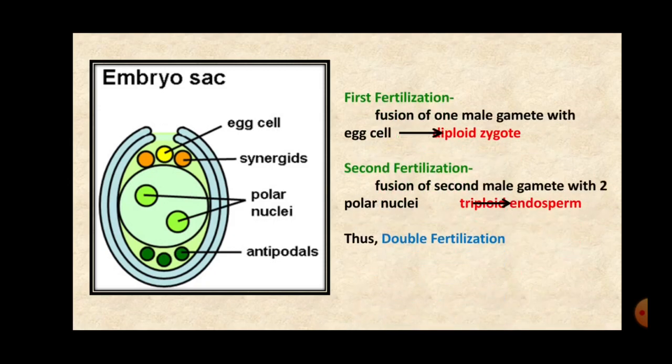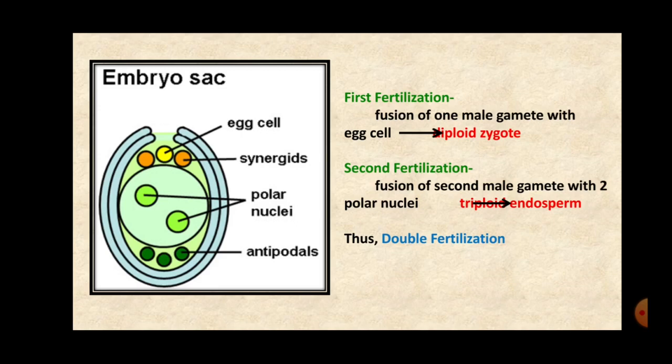Then here comes the double fertilization. Why is it called double fertilization? Because in a flower the fertilization takes place twice. The first fertilization is the fusion of a male gamete with the egg cell. In the previous picture you had seen that 2 male gametes from the pollen grain enter into the pollen tube, and then they reach inside the embryo sac.